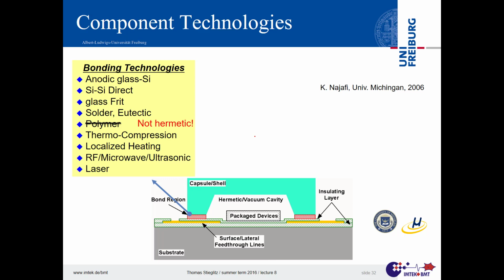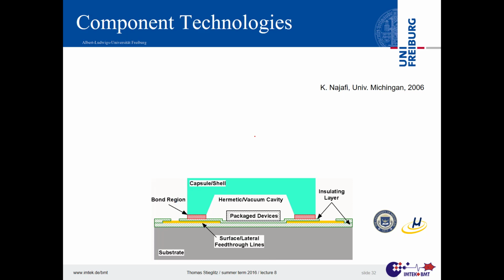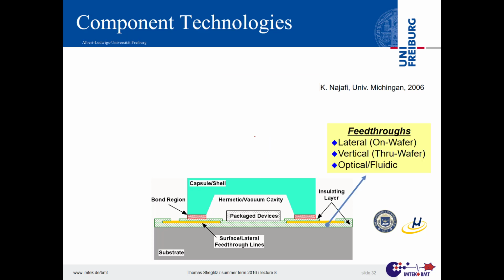And there are many microelectronic specific techniques to assemble that. We have then different options for package materials, could be glass, ceramic, or even silicon or thin metal films, and we have to check which feed-throughs we need for what application.